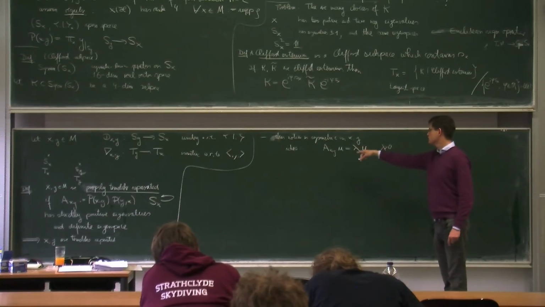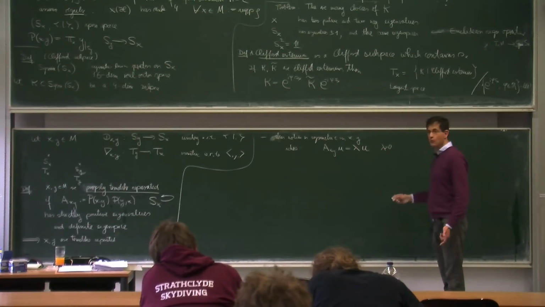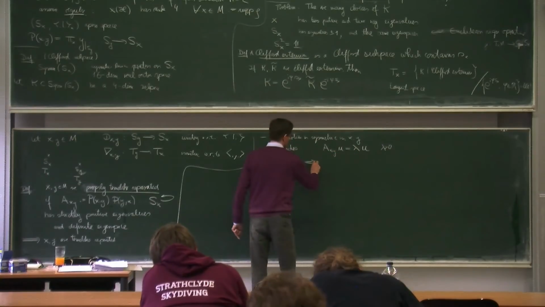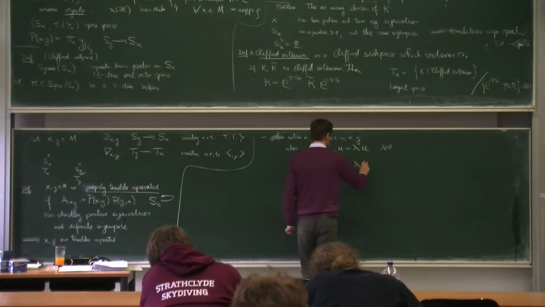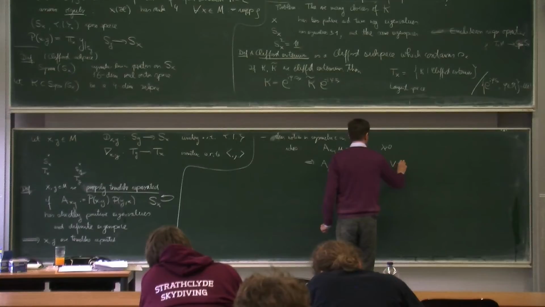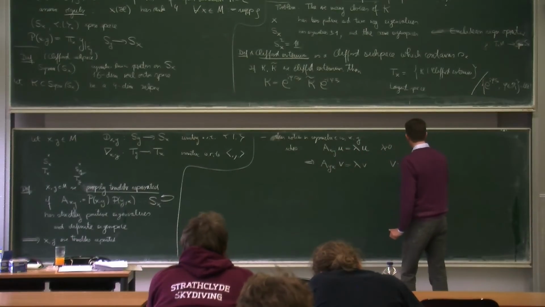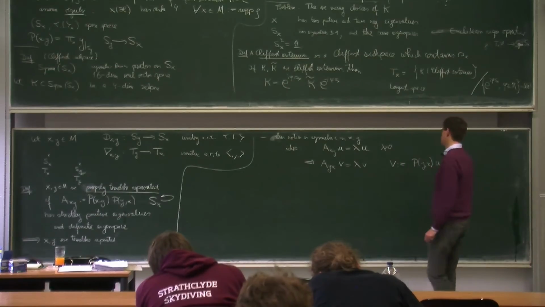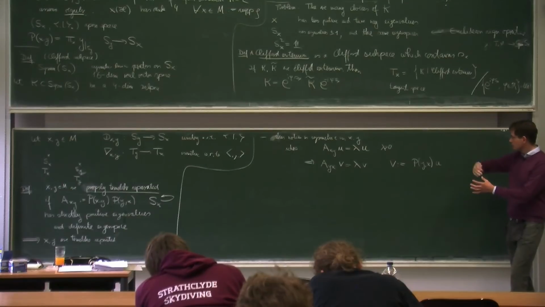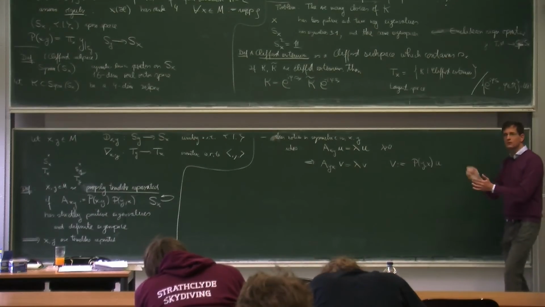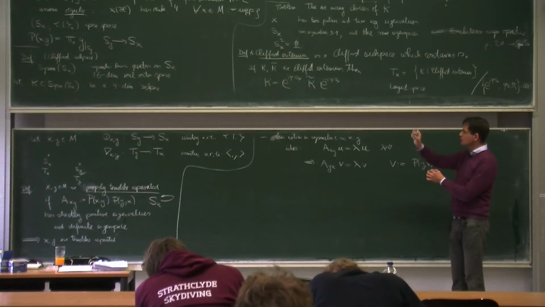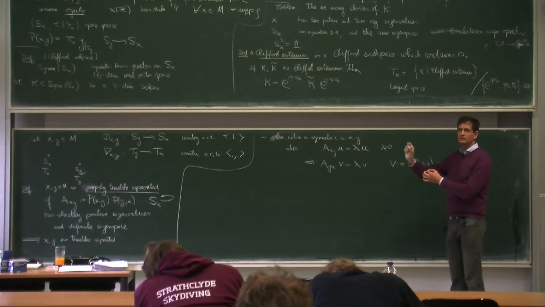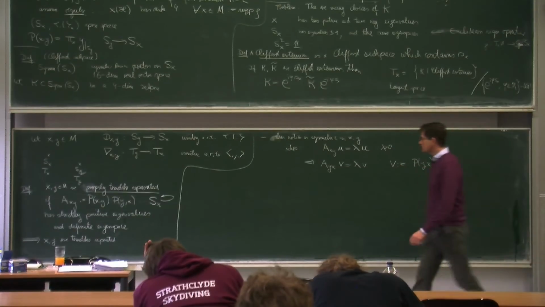Then there's a simple way of constructing an eigenvector of A_yx, namely A_yx times v is equal to lambda times v, where v is defined by taking P(y,x) times u. In other words, the kernel of the fermionic projector maps the eigenspaces onto each other. The fact that the eigenvalues are positive also implies that the positive definite one is mapped to the positive definite one and the negative definite one to the negative definite one. And this is why this notion is symmetric.